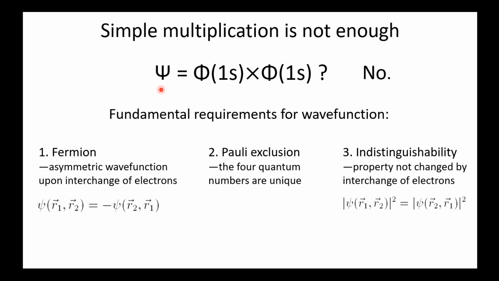We have the exact mathematical expression of them. So for this kind of combination of 1s and 2s, can we have something like a simple multiplication of the 1s wave function multiplied by the, oh, sorry, this is a typo here. So this should be 2s, okay. But you guys should know what I mean. Can we simply have this kind of wave function to describe the system?